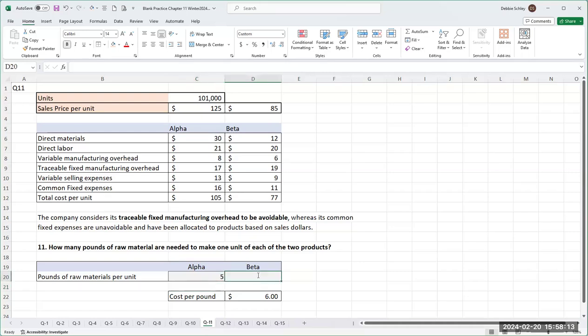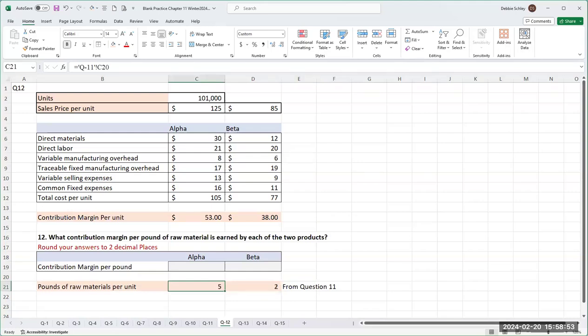So for beta, the $12 divided by $6 per pound gives me 2 pounds of raw materials for 1 unit of beta. If I was buying 2 pounds of something and it cost $6 a pound, multiplying those together would give me the direct material total. So we just do the reverse. We divide the total per unit direct materials cost by the cost per pound to get back to pounds.